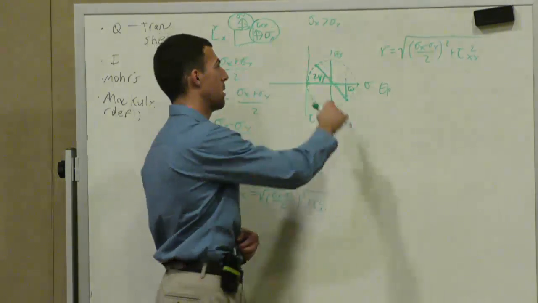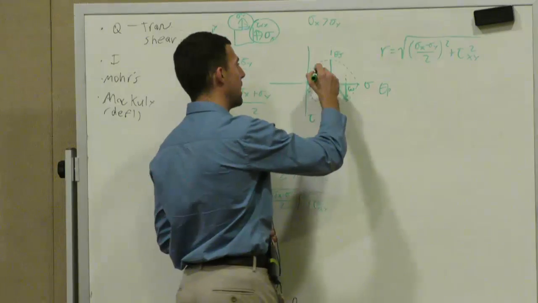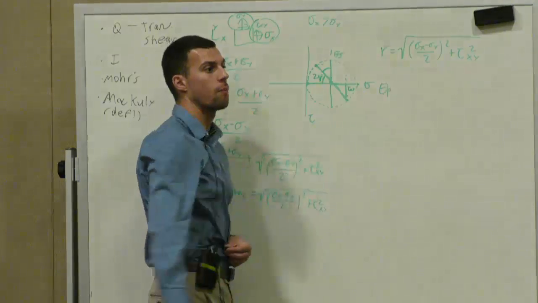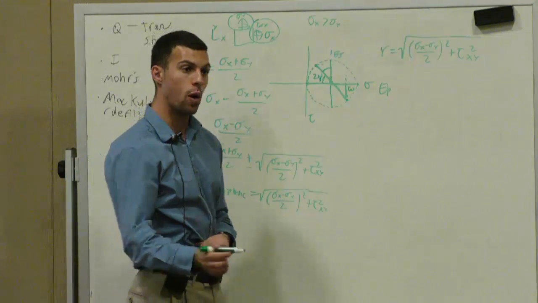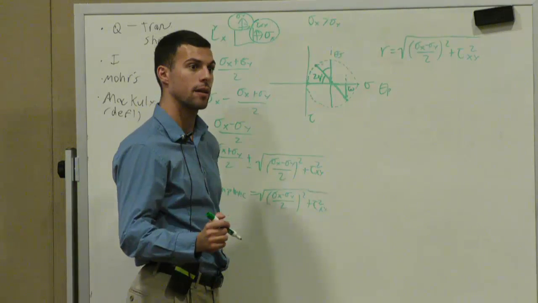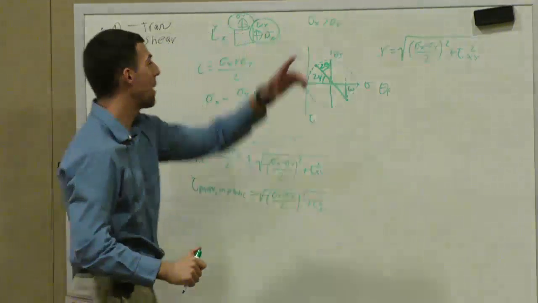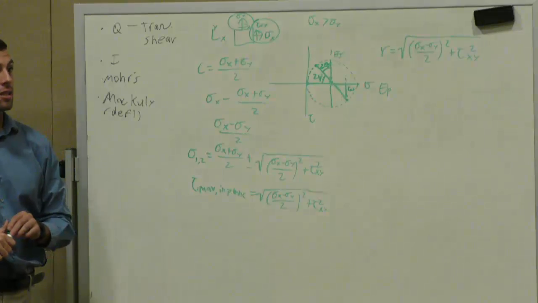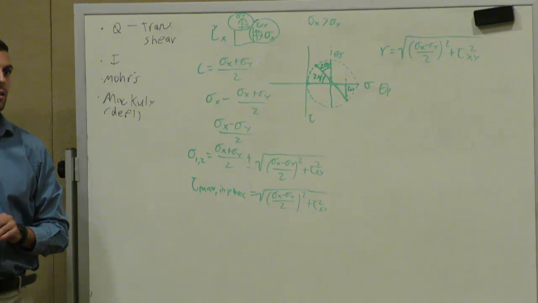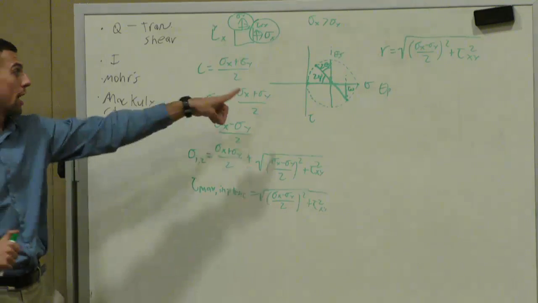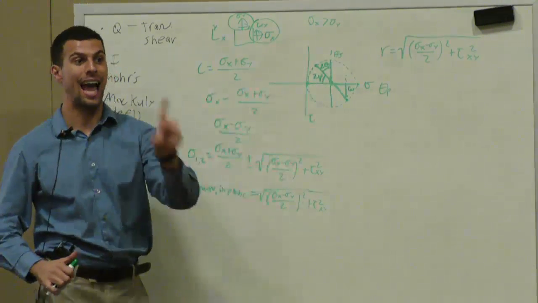And the angle between the given plane and the plane of max shear stress is 2 theta s. Perfect. Now, what does that mean about theta p and theta s? Close. 2 theta p and 2 theta s add to 90.